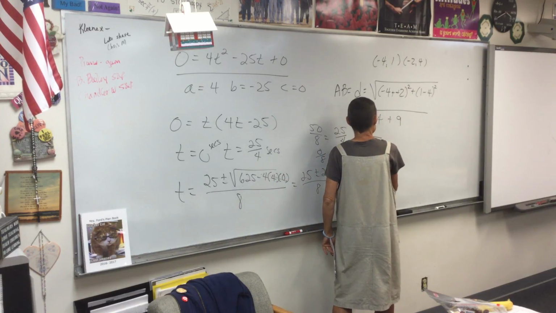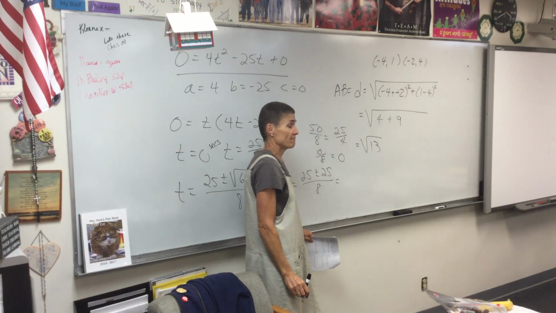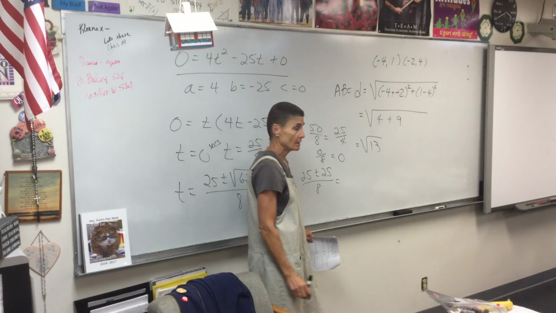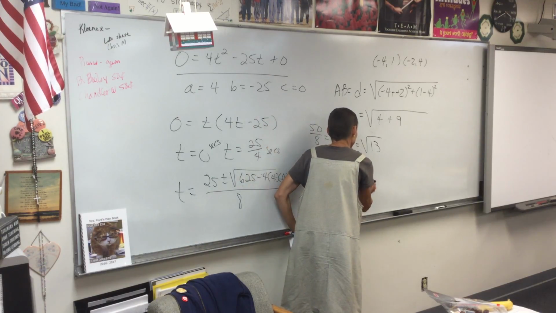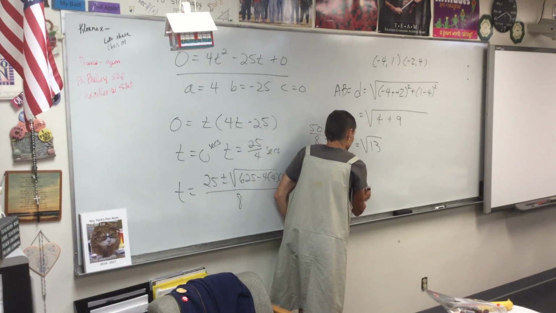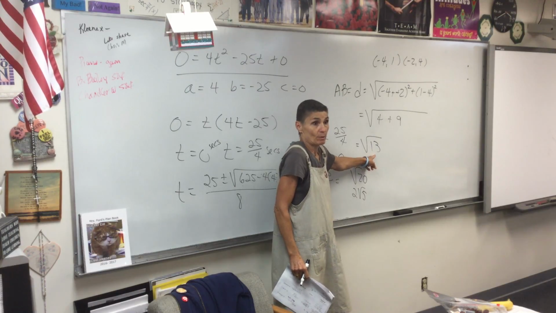The answer is root 13. Now remember, if that one comes out to be a reducible radical, like what if it came out to be root 20, then you would need to break that down into 2 root 5. You don't have to break down this one, it doesn't break down.